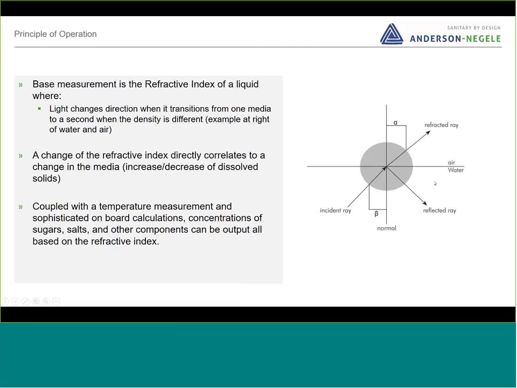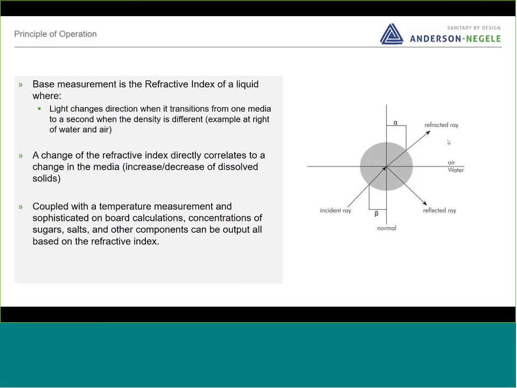So this below portion is water, and the above is the air. What we're doing in this image is sending a light beam at an angle into this interface. And what occurs when that light hits the interface between those two different density medias is it's going to deflect off at an angle.